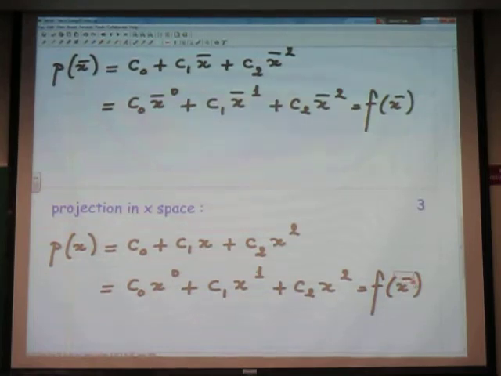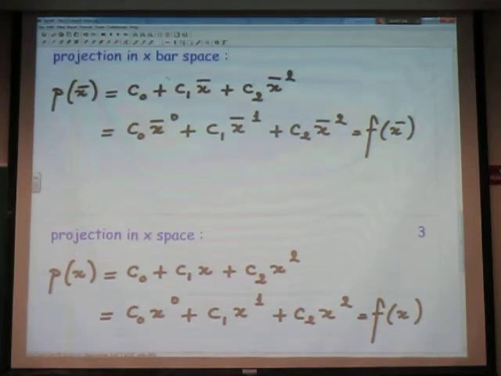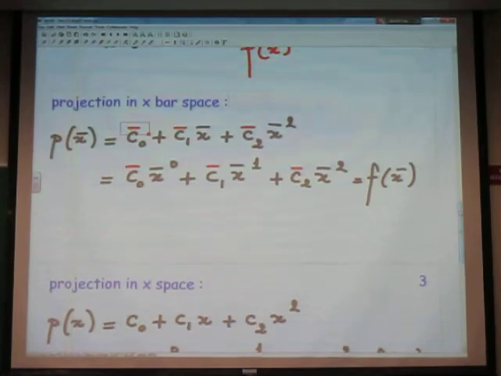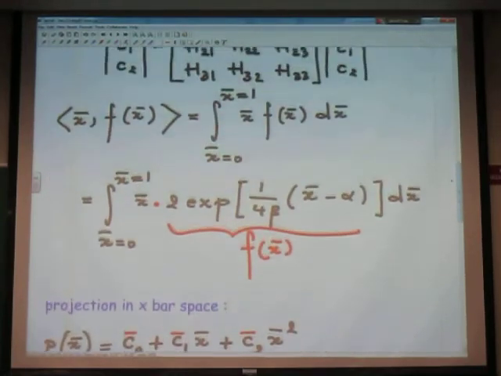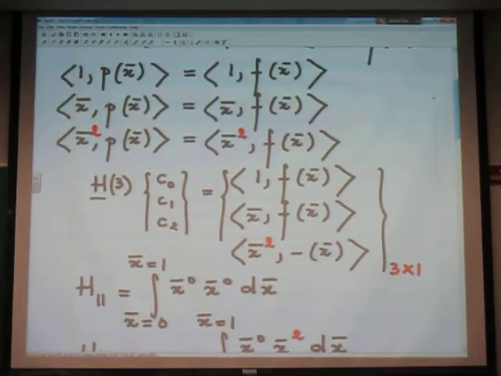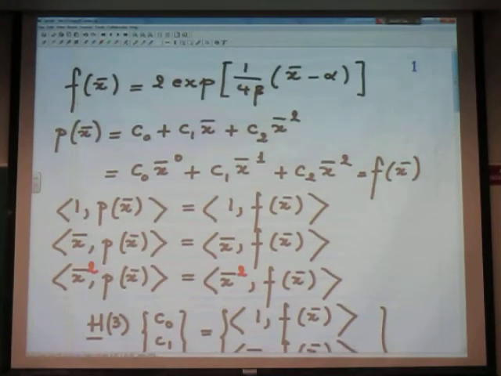This is the projection in x space. Maybe to avoid confusion, let me do this. Okay, let me go back and put a bar on top of the C, so that the coefficient of the projection in X bar space would have the over bar, all right? And therefore, if I do that, then we go back all the way to the beginning, okay?